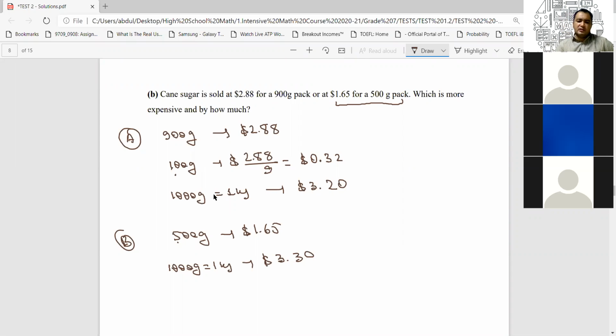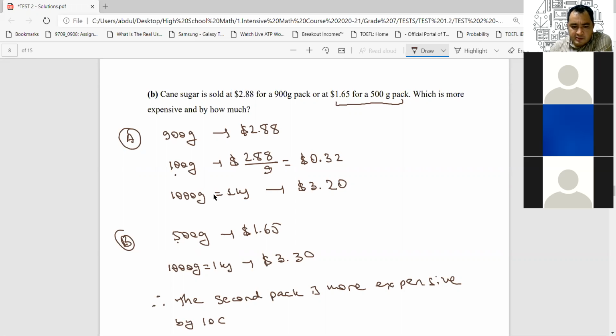Okay, so we should just write here the second pack is more expensive by 10 cents per kg or per kilo or per kilogram, however you just want to write this.